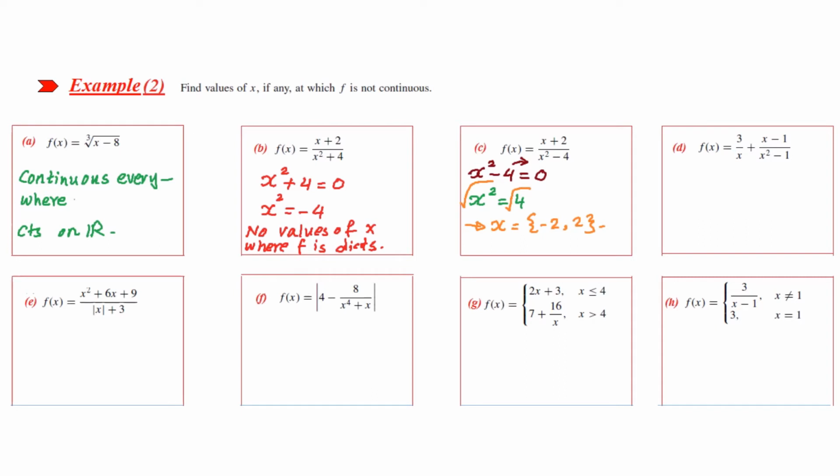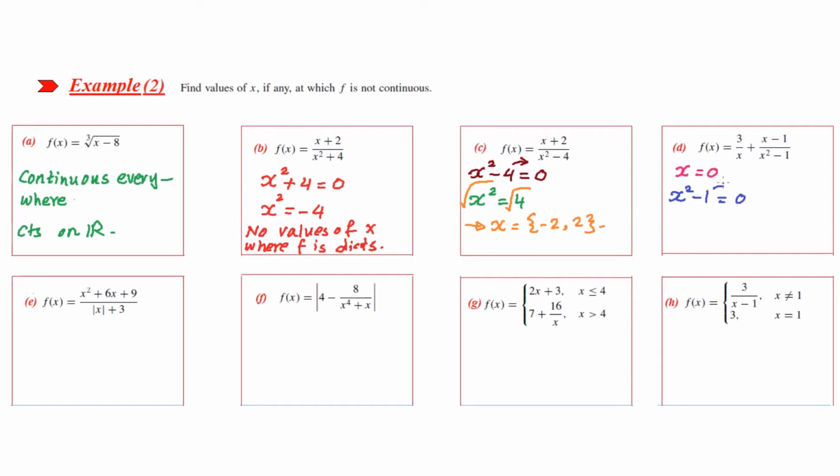Part D, we have two rational functions. We have the sum of two rational functions, so you have to deal with them separately. This is the first function, and the first denominator is x, so you have to put x equal to 0, and this is the first value where f is not continuous. Secondly, we have the second denominator, which is x squared minus 1 equal to 0.